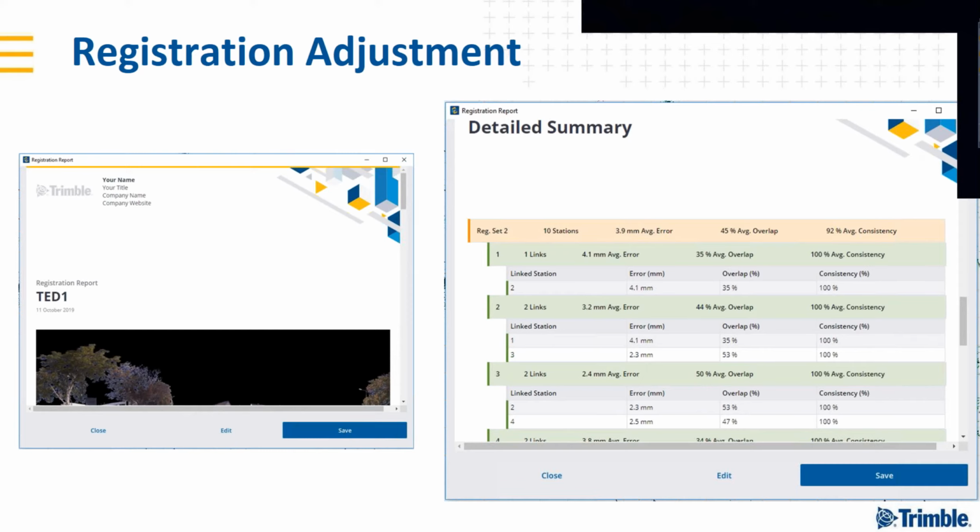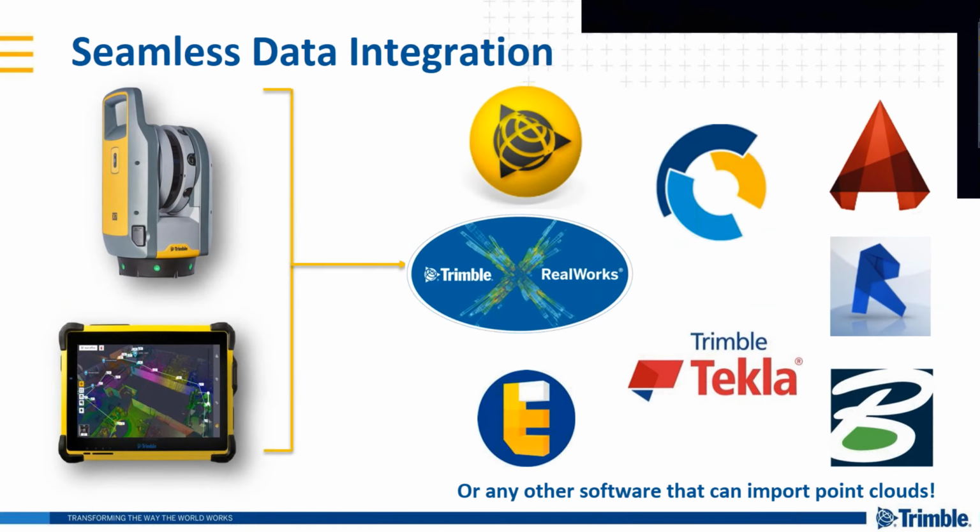So you have the chance to do a full least squares adjustment on the data, and with that you will also get a detailed summary registration report on how all the links to the various stations hang together.